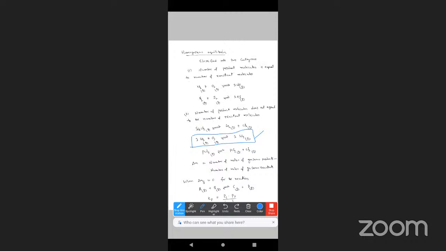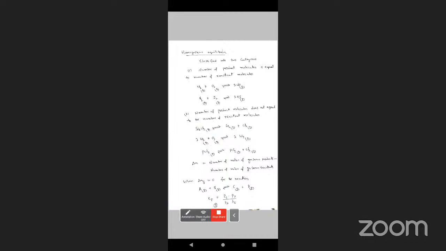And the third one is phosphorus pentachloride decomposition, which gives PCl3 and chlorine gas. In this case also, the number of product molecules is not equal to the number of reactant molecules. So look at the delta n again, as I told.